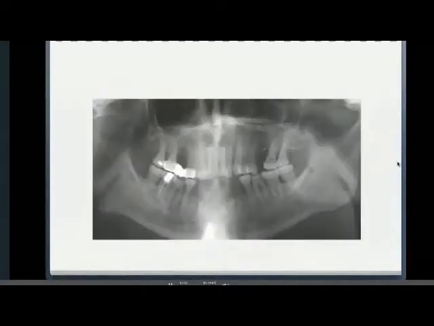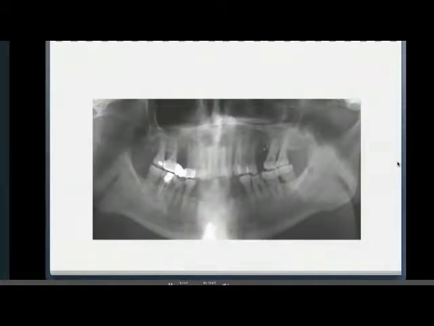Another case, it's a completely different case. Sometimes I have a patient who comes to the office. As a matter of fact, as with the first case when I started the presentation, the patient comes to the office, and all they want is fixed teeth, and they want the fixed teeth today. They don't want to think or talk about the future.